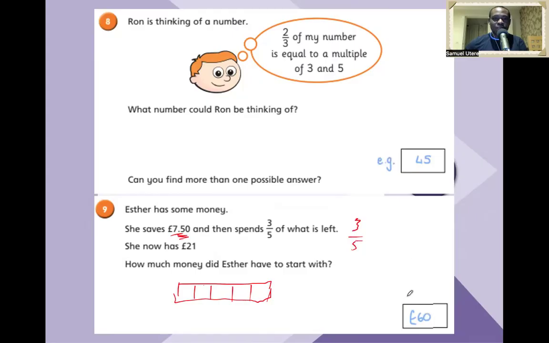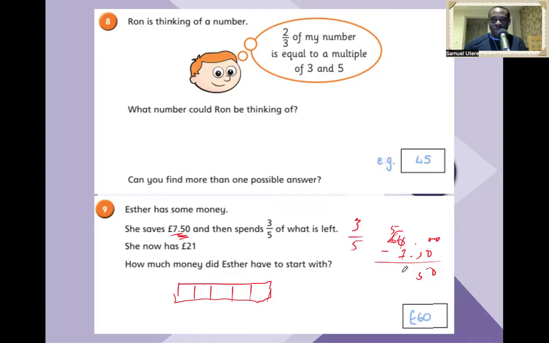If she has £60 and then she saves £7.50, it's going to be 60 minus £7.50. Which means that's 50 there. We took one from here, so that's 5, and that's 9.